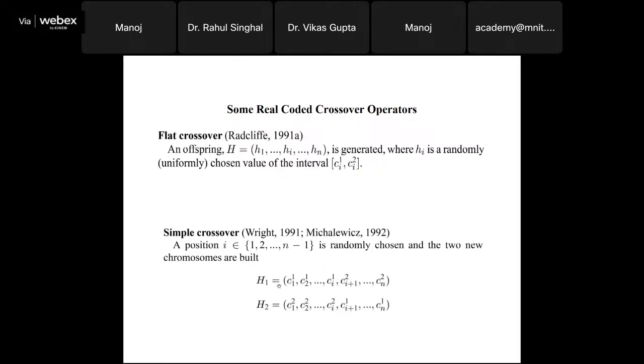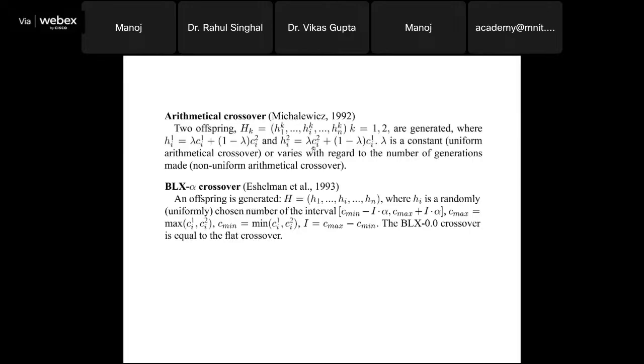This method is even more restrictive, where it only looks at the swapping of the components, not even exploring the space in between, or the values in between the smaller and larger of a particular position. This method was also doing that, but this was controlled by a parameter lambda.